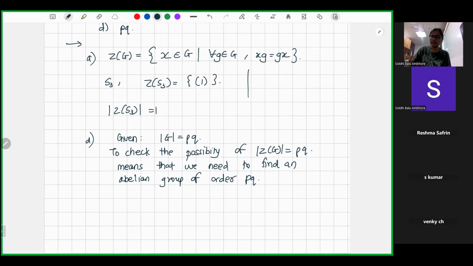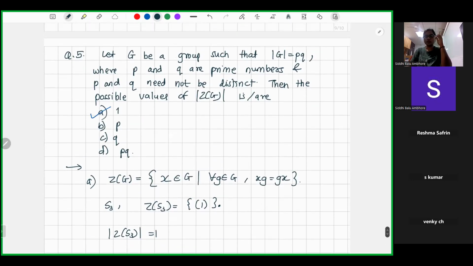Sn in general has a center E. Okay, the center of Sn is E always. So even for this, it doesn't matter. But for now, this is okay.